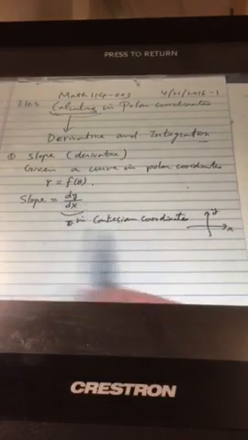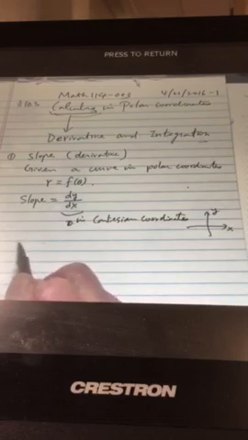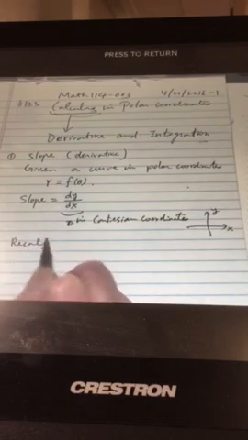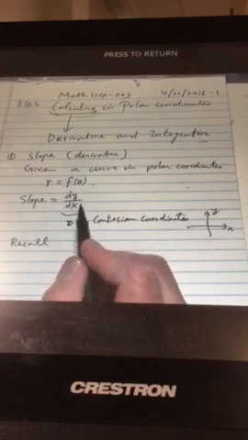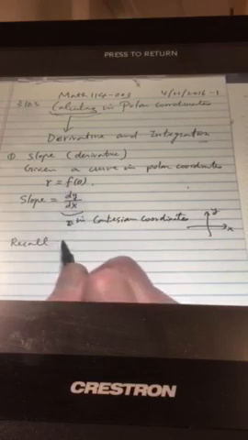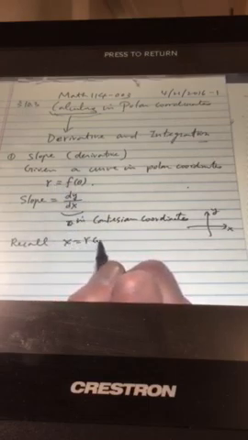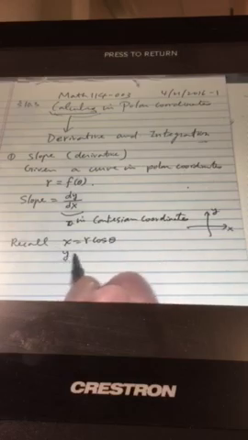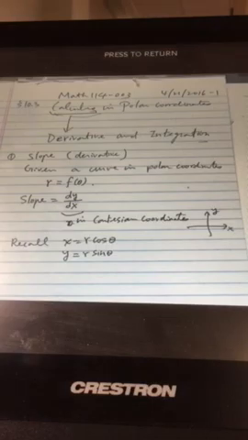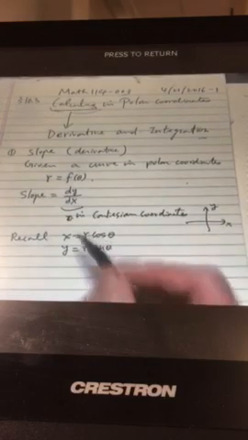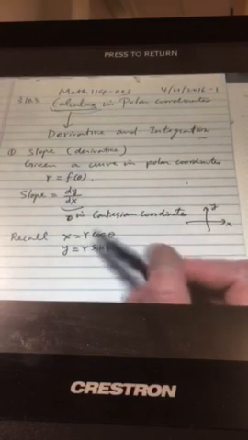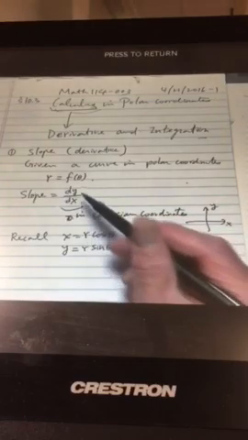So we recall the relation between x, y, and r, theta. Namely, x is r cosine theta, y is r sine theta. So I'm going to substitute this into this.